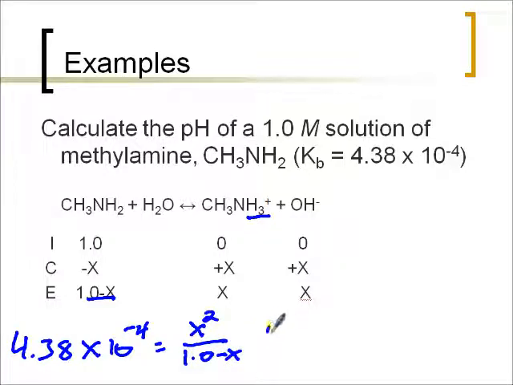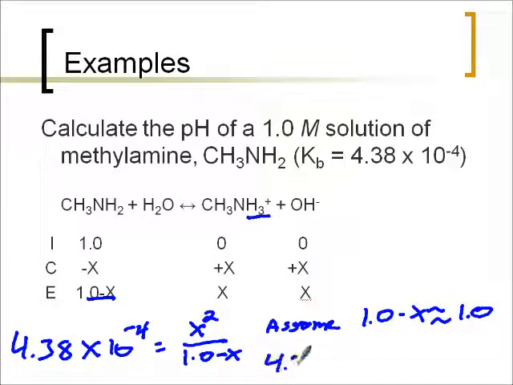Again, I'm going to assume that 1.0 minus x is equivalent to just 1.0, because x will be very small from the Kb value. So really I'm going to have 4.38 times 10 to the minus 4 equals x squared over 1.